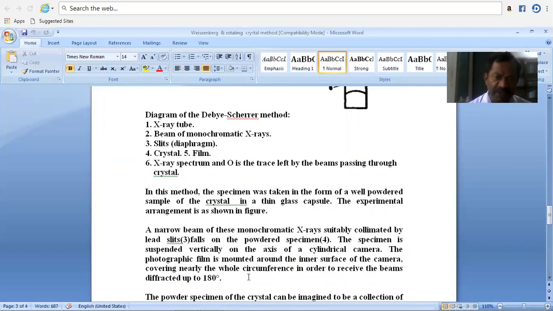The specimen is suspended vertically along the axis of a cylindrical camera. The photographic film is mounted around the inner surface of the camera, covering nearly the whole circumference in order to receive the beams diffracted up to 180 degree. That is from 0 to 90, then 90 to 180 degree.